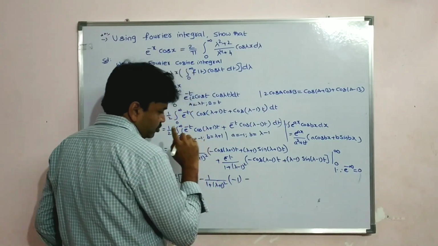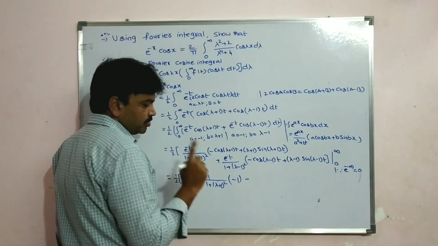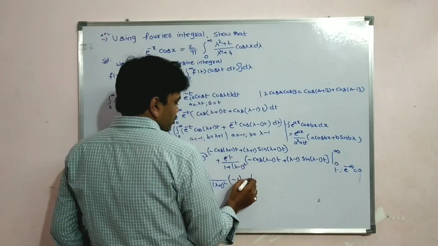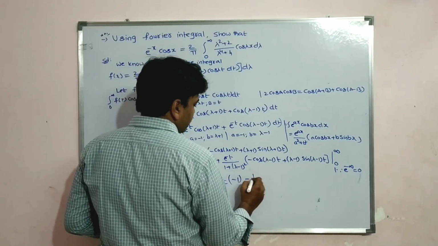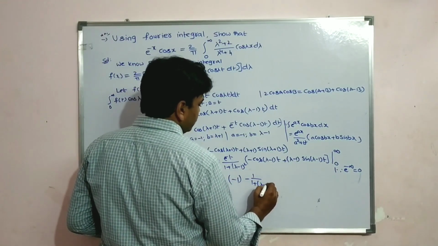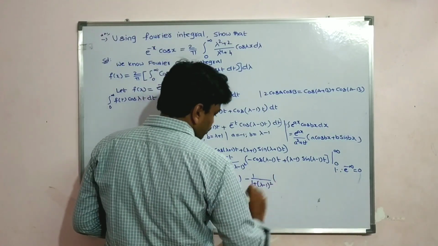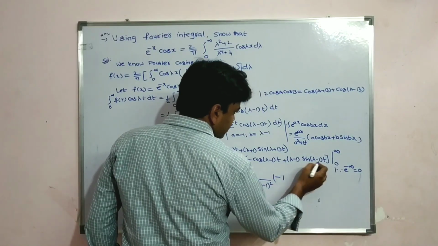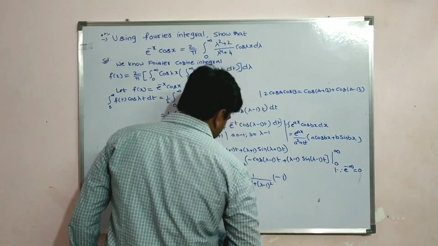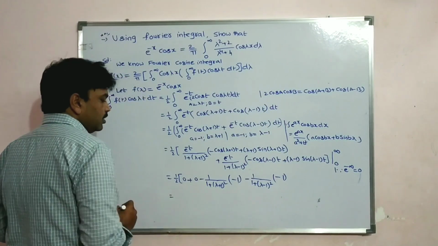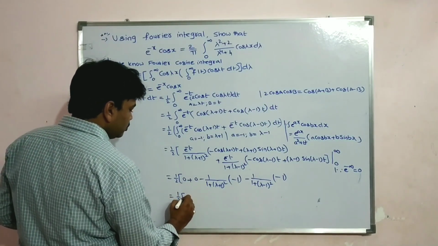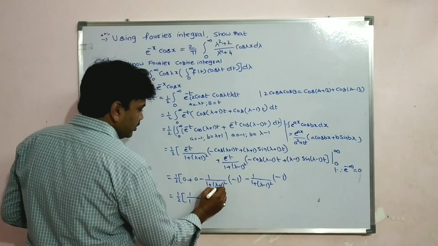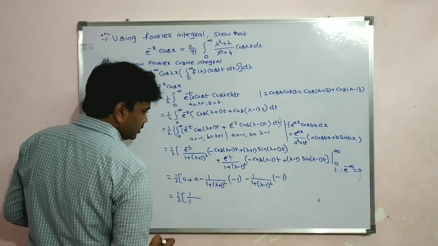Minus, we are substituting the lower limit, so minus e power 0, we get here 1 by 1 plus lambda minus 1 whole square into minus cos 0. Cos 0 is 1, again sin 0 is 0. So that is equal to 1 by 2 into minus plus, students. So 1 by 1, expand this, students.